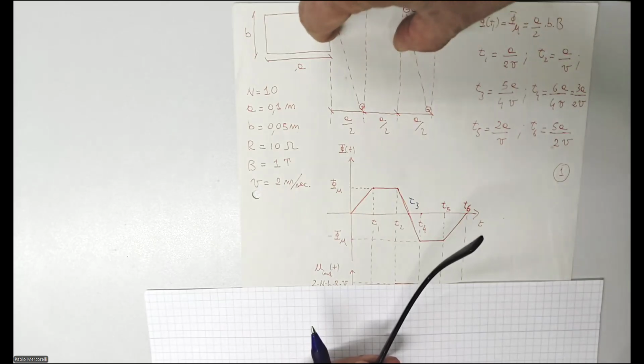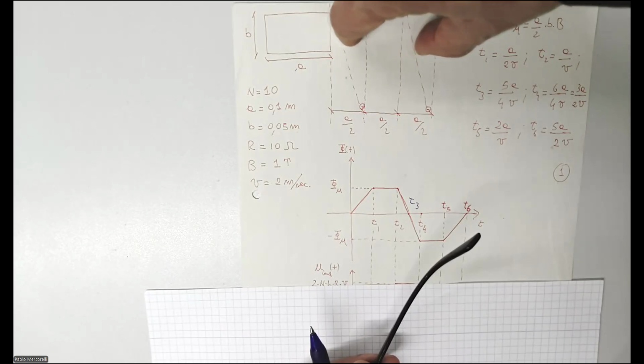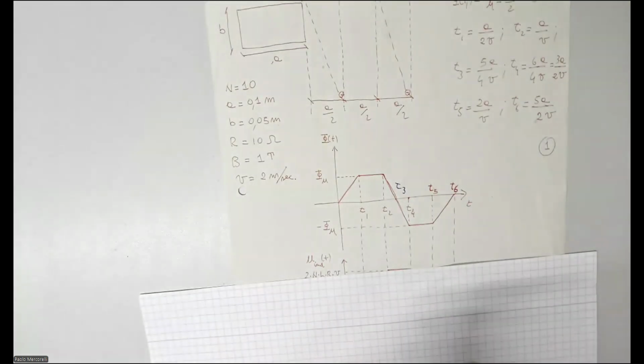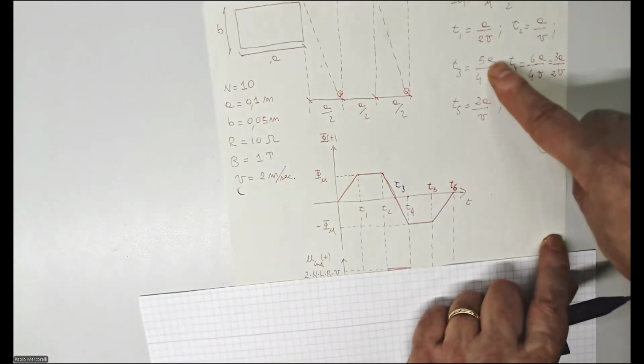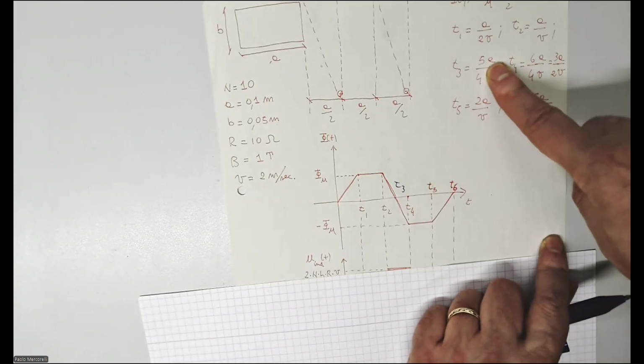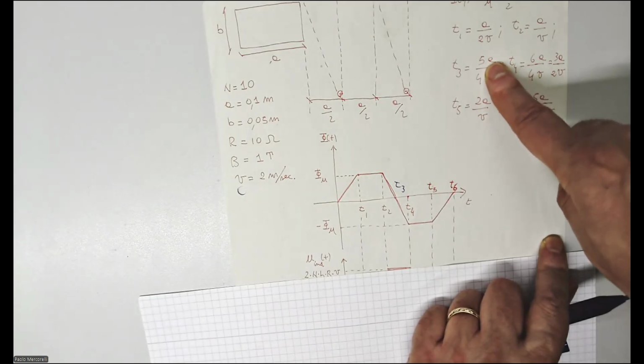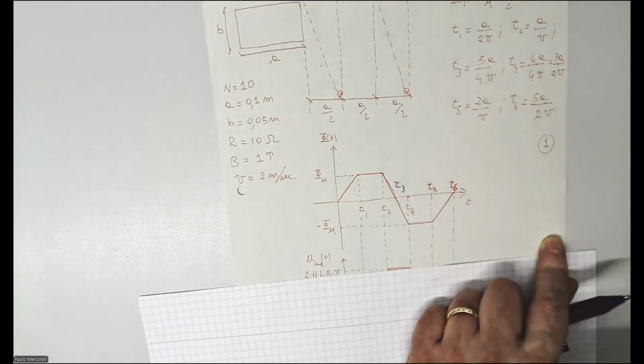With respect to this one, I have to cover just A divided by 4. This means the point T3 is the point T2, the time point, plus A divided by 4 divided by V.